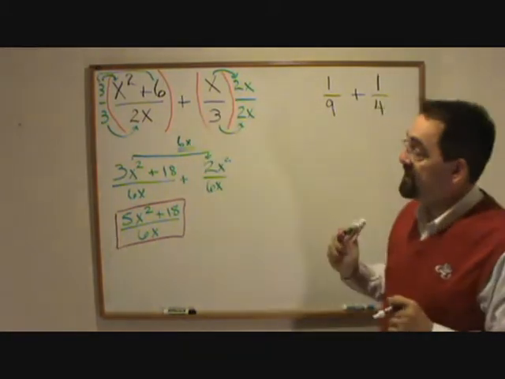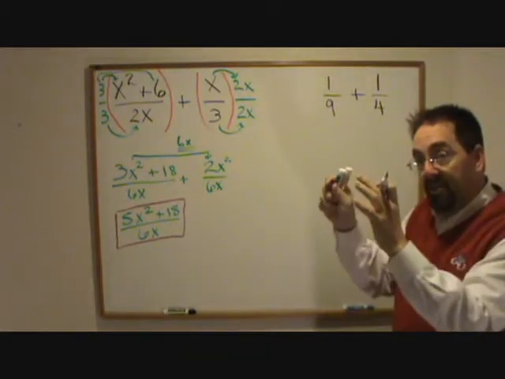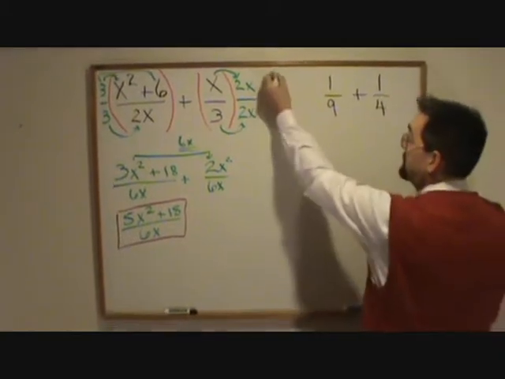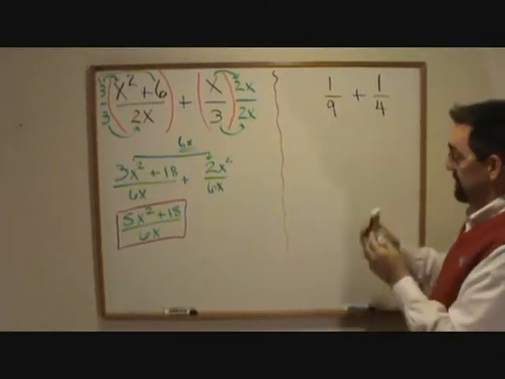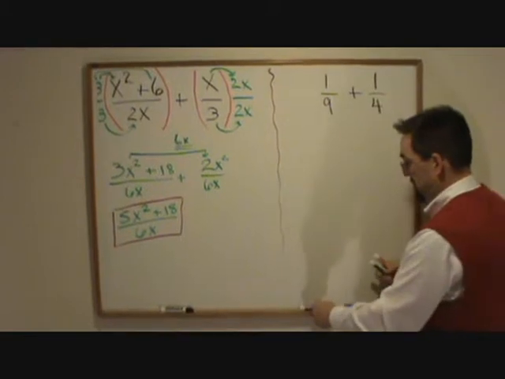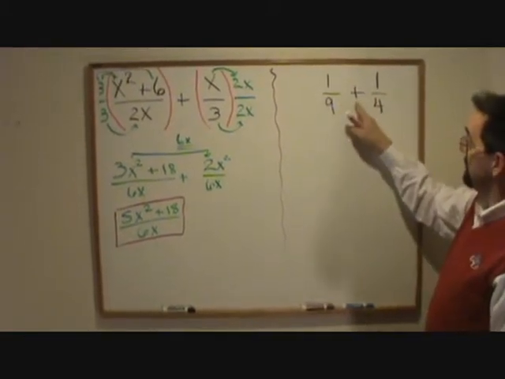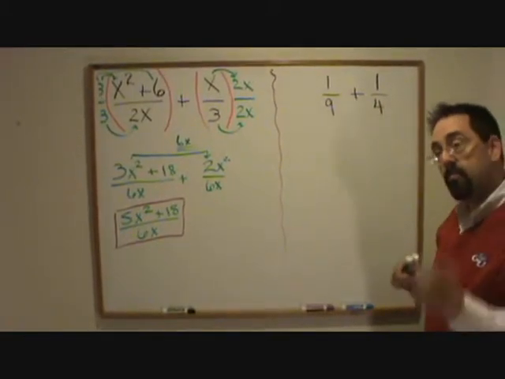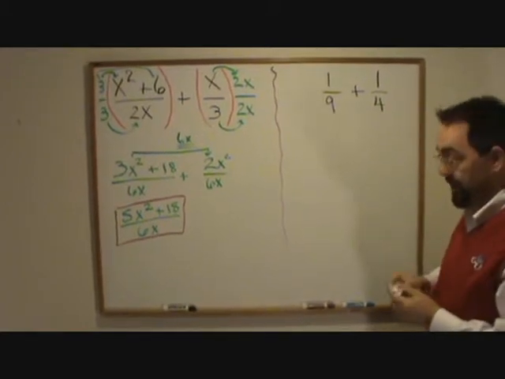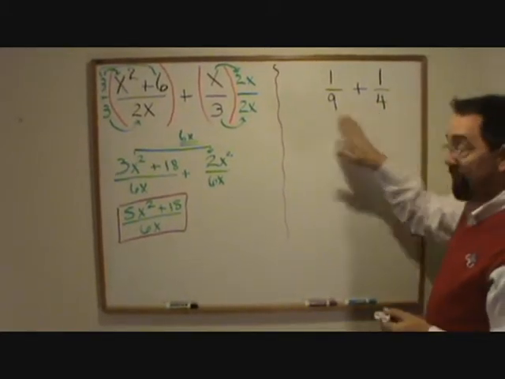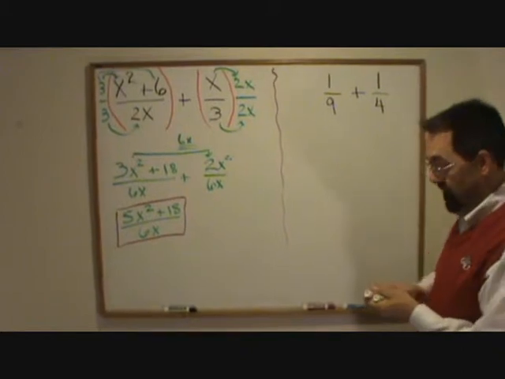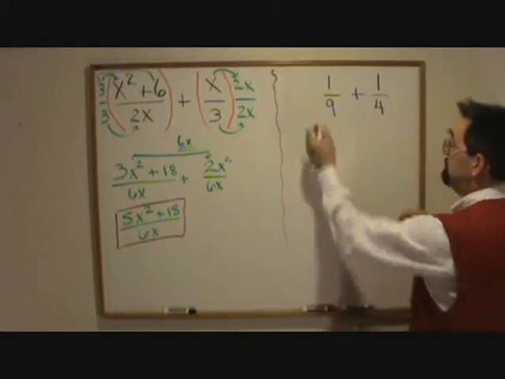Now, if that was confusing, I'm going to step back a second and go to a simple numerical fraction: 1/9 plus 1/4. If we remember, in order to add two fractions, we have to have the same denominator. Again, let's keep it simple.